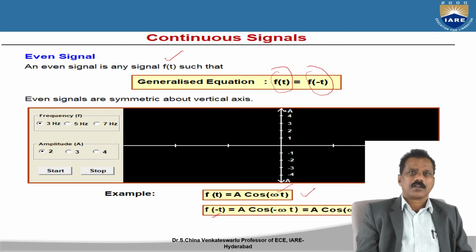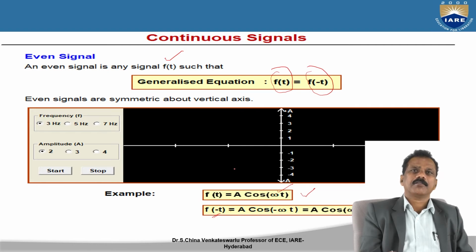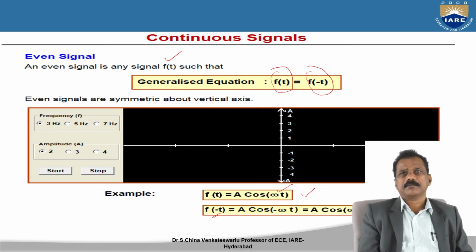So the frequency and amplitude values are observed according to this, and we can verify in real time whether even signals are symmetric about the vertical axis or a different axis.